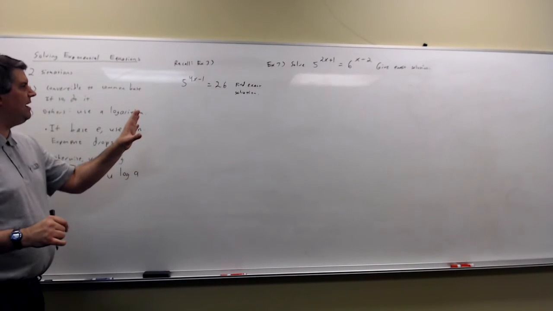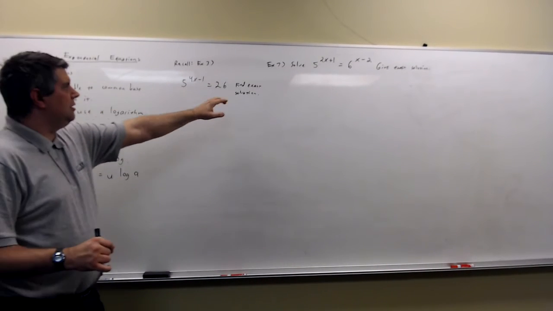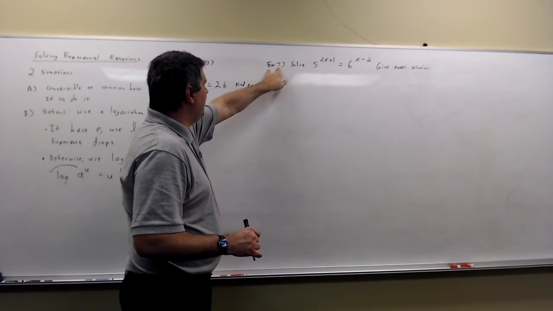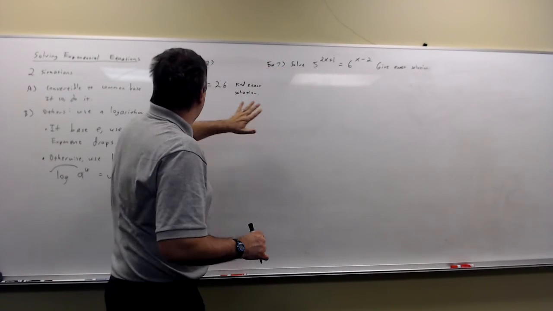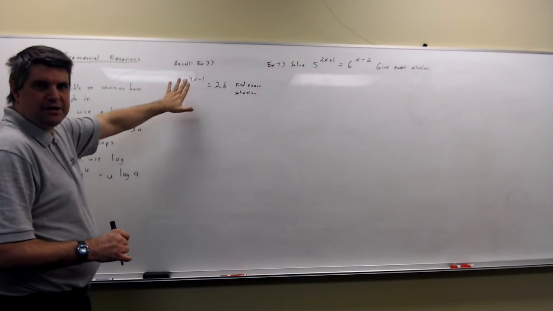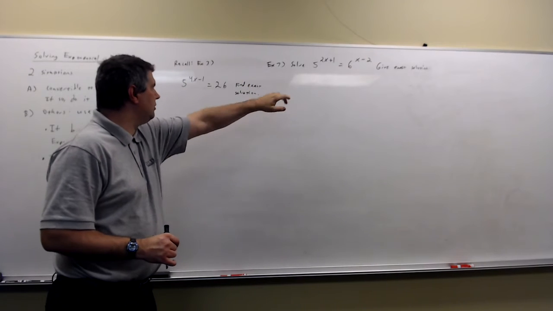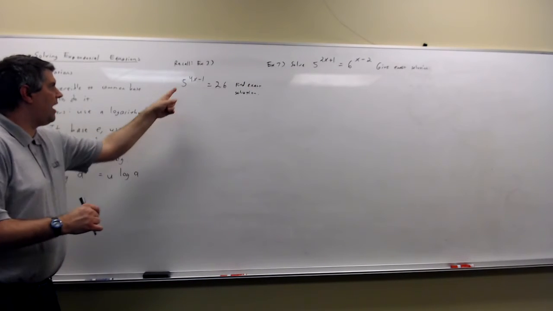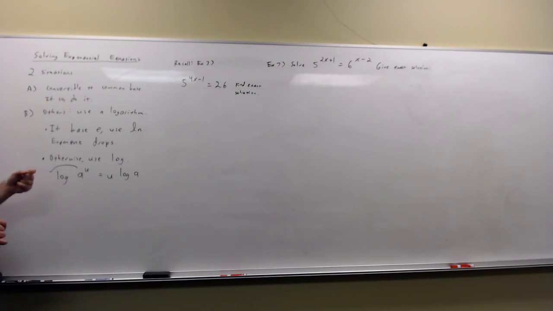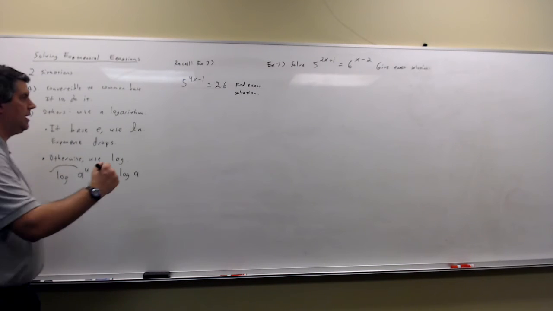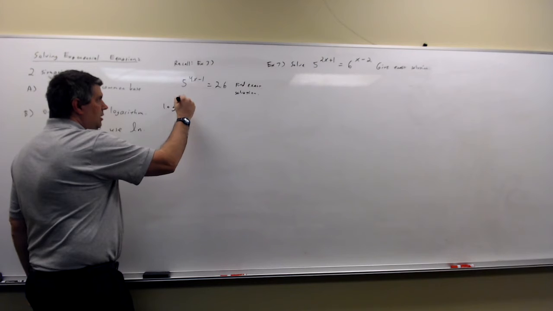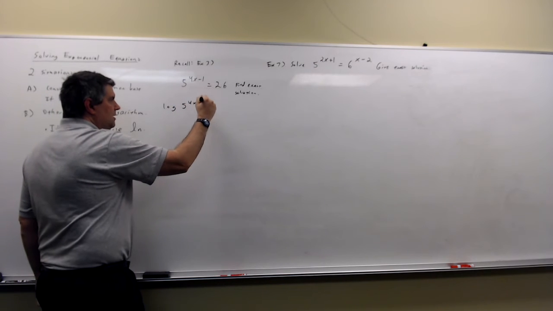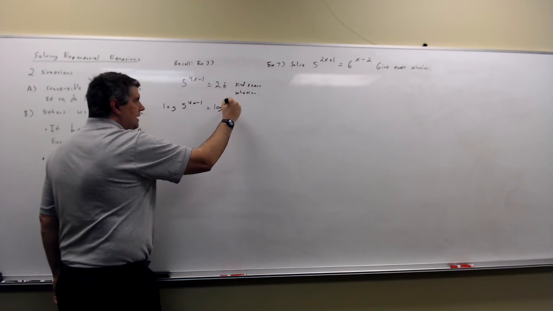Okay, the main event for right now is going to be example 7. But we're going to go back to example 3 as a review before we take on this problem. 5 and 26 are not writable in terms of a common base, so we're going to use the common logarithm. So I'll take the common log of 5 to the 4x minus 1 equals log of 26.